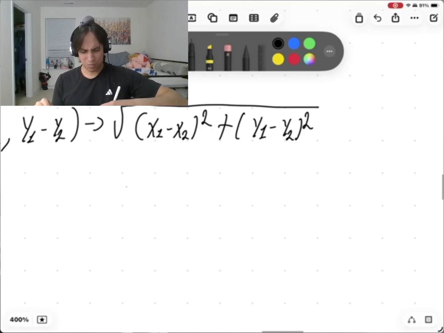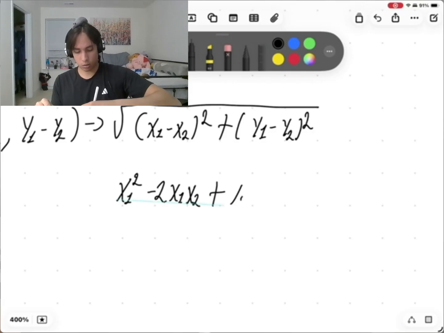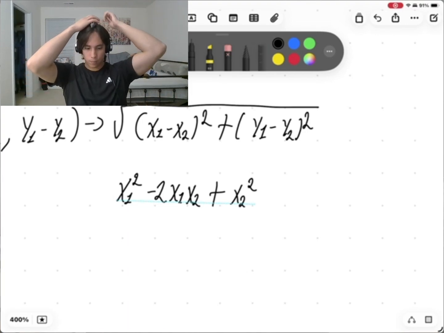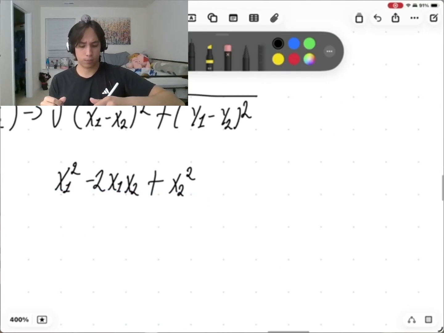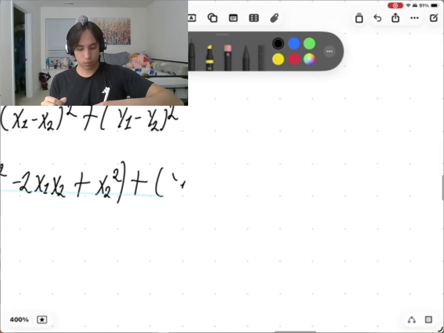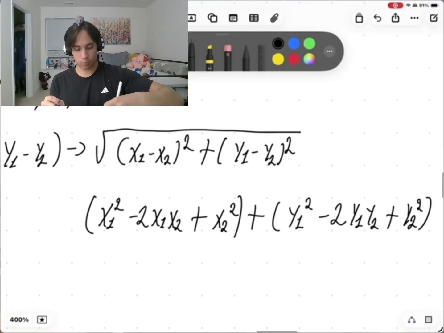So it's going to be x1 squared minus 2 x1 x2 plus x2 squared, plus y1 squared minus 2 y1 y2 plus y2 squared, all under the square root.